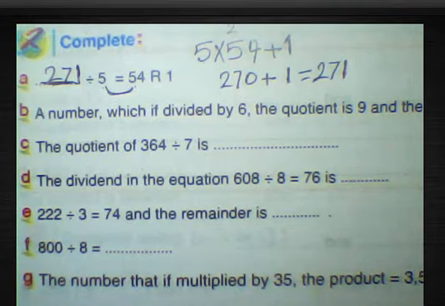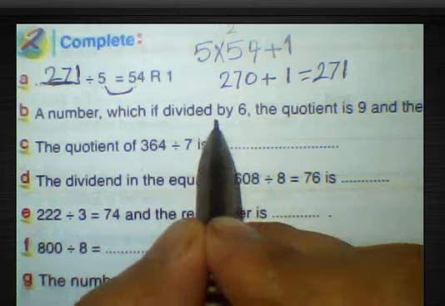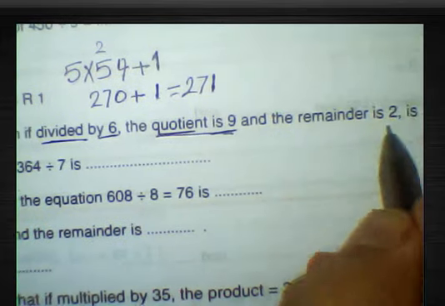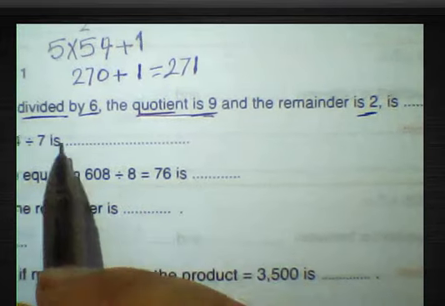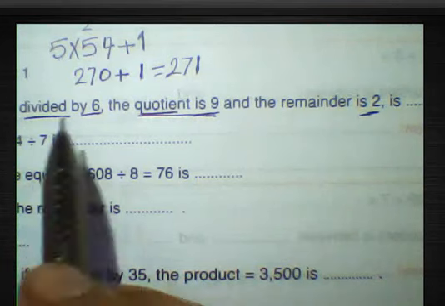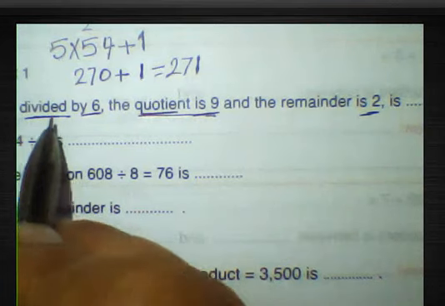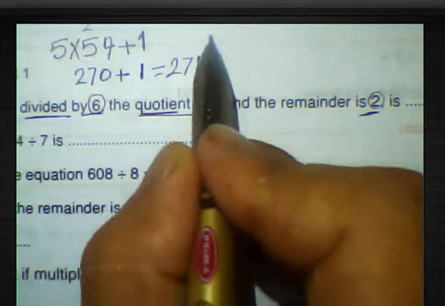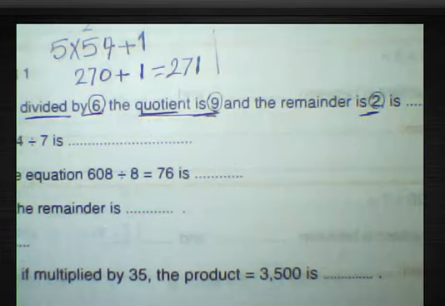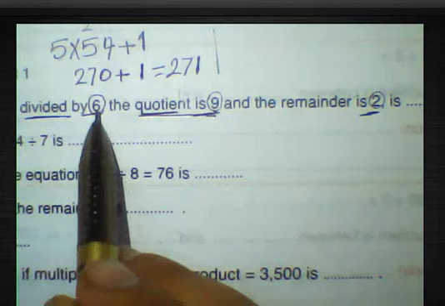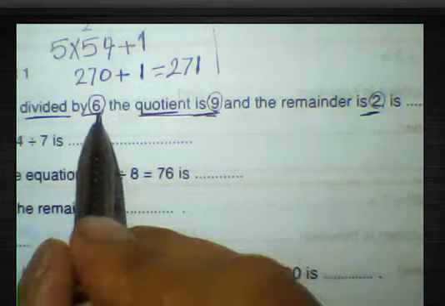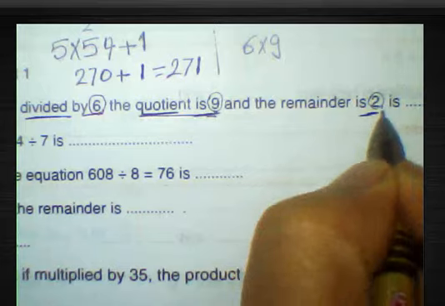Letter B, a number which is divided by 6, the quotient is 9 and the remainder 2. You want to find the number. We can find the dividend by multiplying the divisor and the quotient, and to the result we must add the remainder. 6 times 9 plus 2.